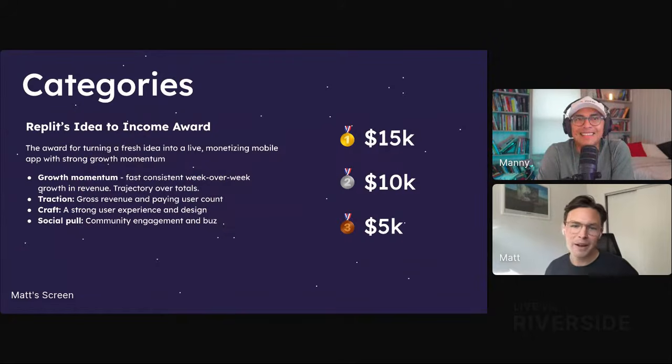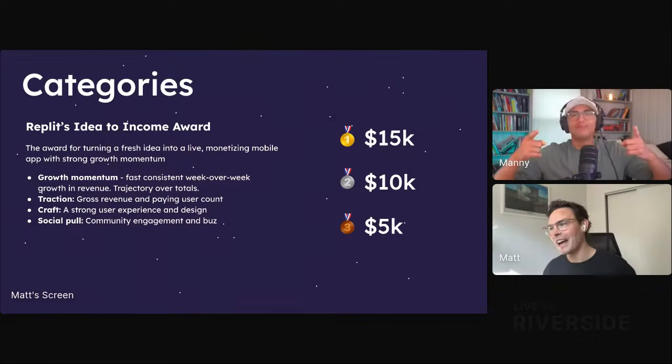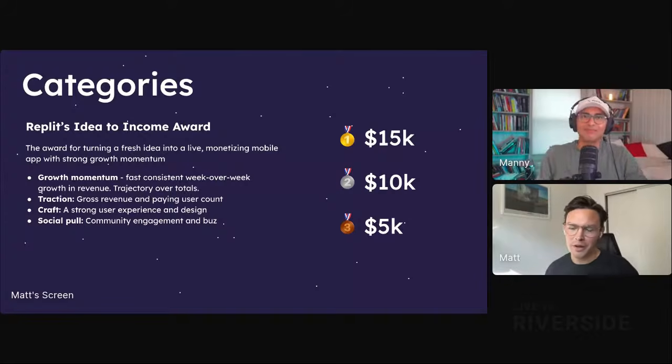Awesome. And then we have to mention the special Replit category. As our headline sponsor, and we're very, very grateful that Replit have come on board and are supporting Shipaton this year, we have a dedicated Replit award category, the Idea to Income. There's $30,000 up for grabs here across the top three places.